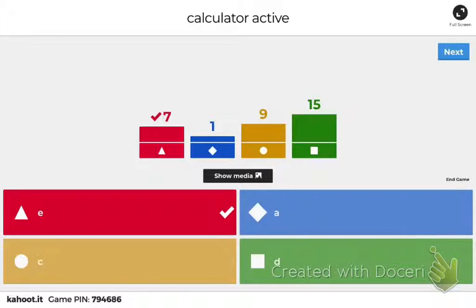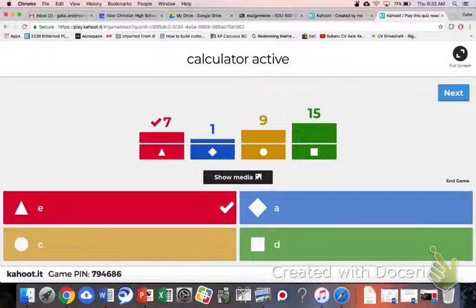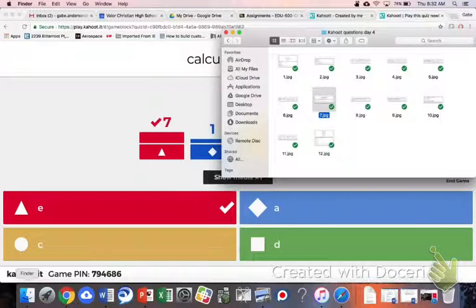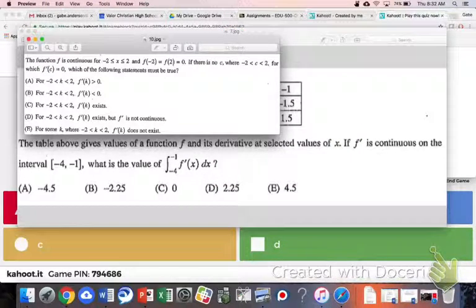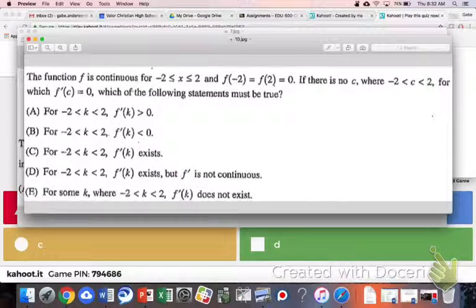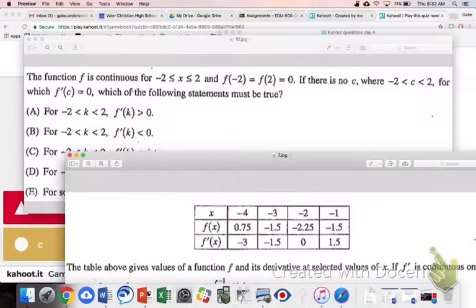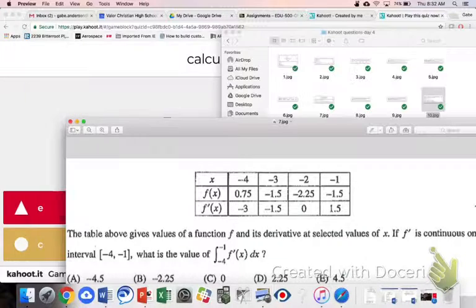All right, let's talk this one over real quick. That was number 10. What was the common wrong answer here?